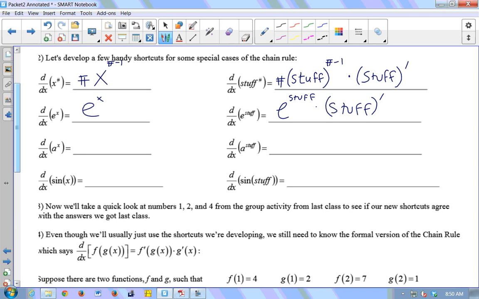What's the derivative of a to the x? Yep, a to the x times the ln of a. But I want to take the derivative of a to some stuff. So I apply the regular derivative rule: a to the stuff times the ln of a, then times the derivative of the stuff.